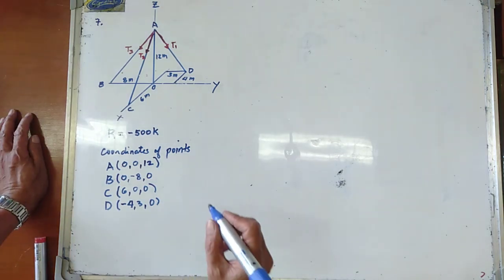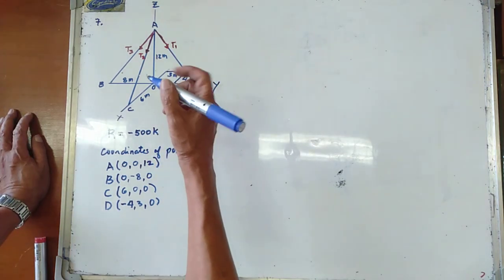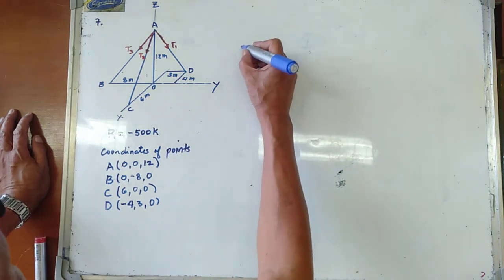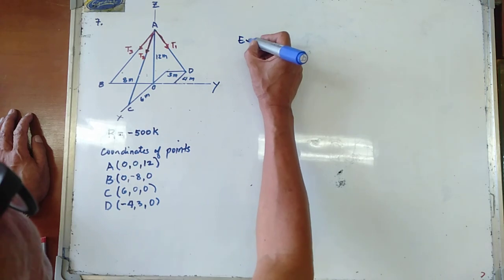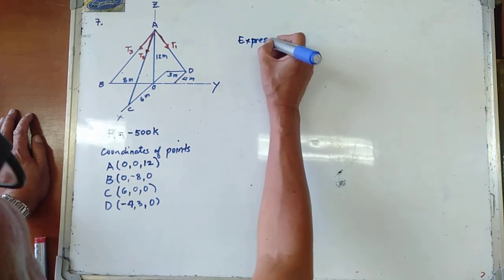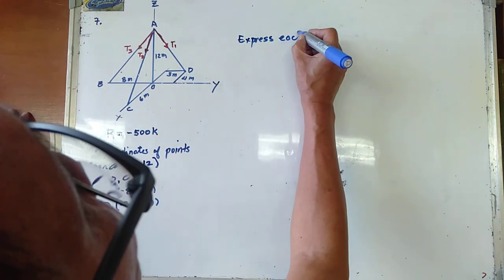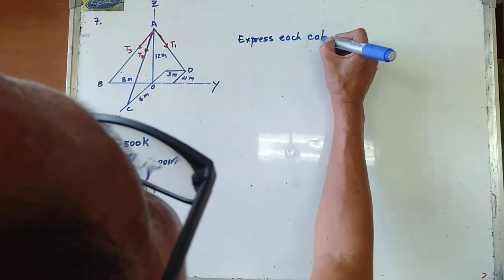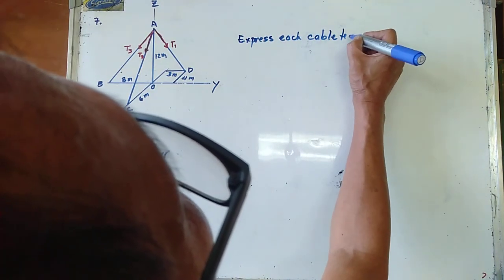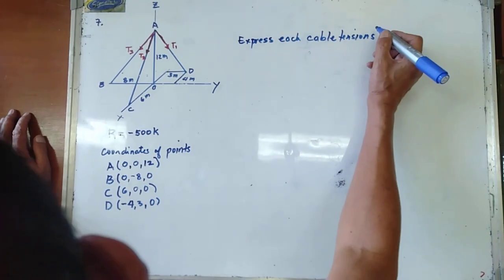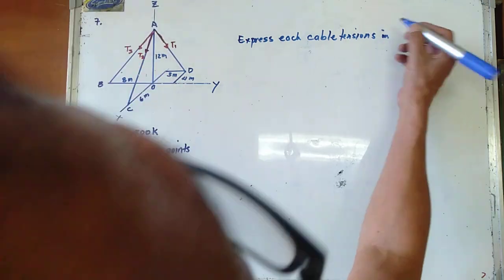Now, after determining the coordinates of the different points, let us try to express each cable tension in Cartesian vector form.